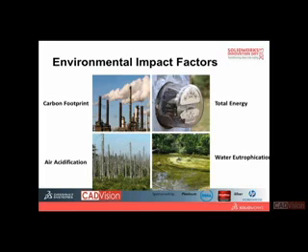And the other one is air acidification. Okay, it's more to a gas called sulfur dioxide, SO2. And then we also have water eutrophication. It's a way to measure the water ecosystem. How is the level of the water system surroundings while we are doing the product design cycles.